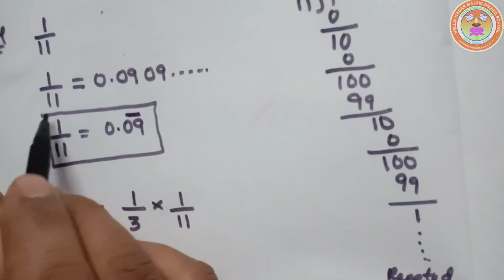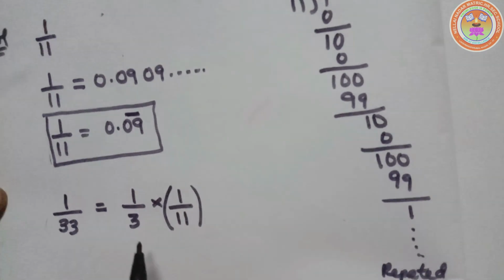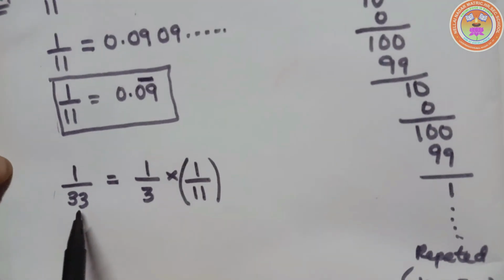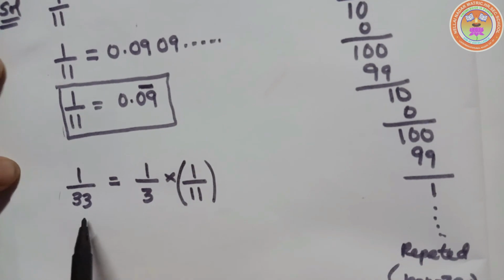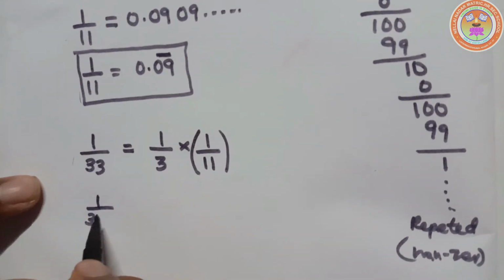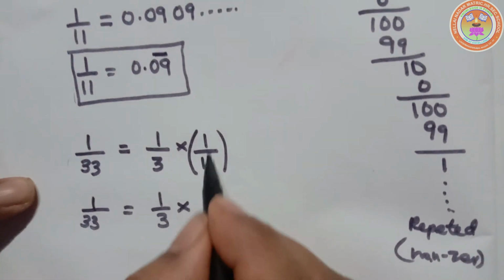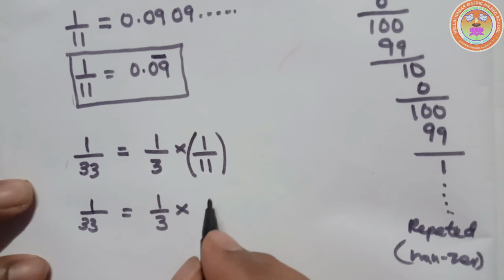First we have to see the number 1 by 11. It's clear, children? Now 1 by 33 is equal to 1 by 3 into the value of 1 by 11.